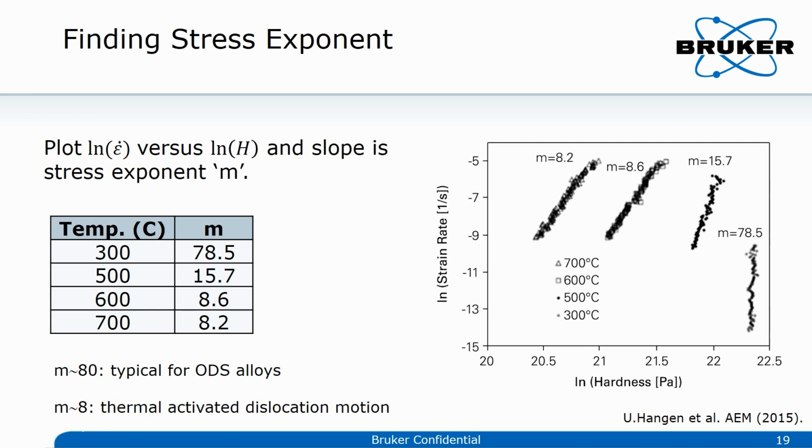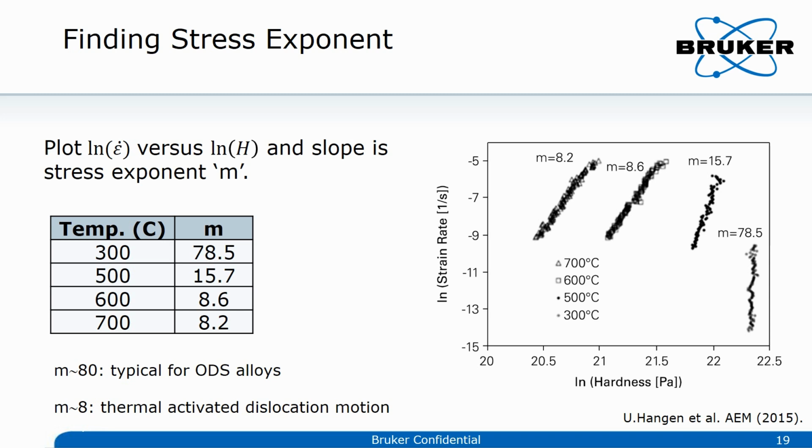Each of the curves is an experiment of 10 minutes. At 300 degrees, we are observing a very steep slope, a very high stress exponent m of close to 80. For the higher temperatures, the stress exponent is dropping.